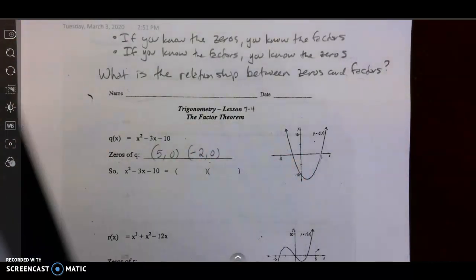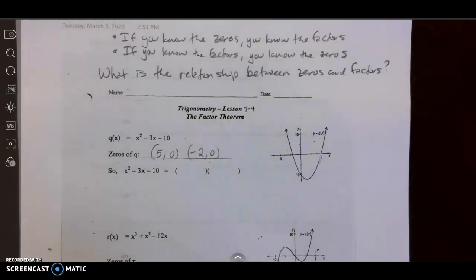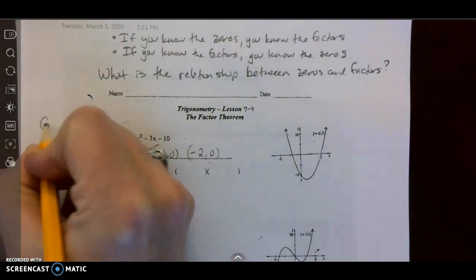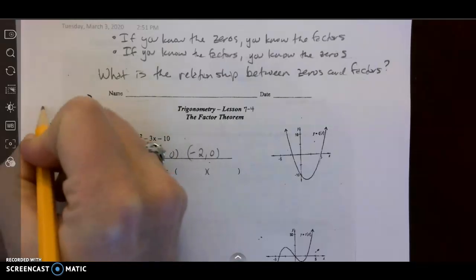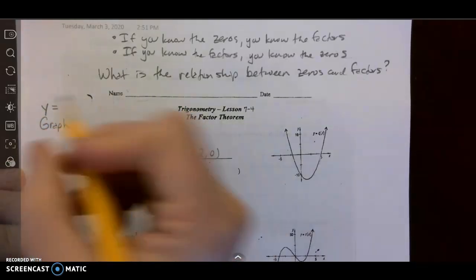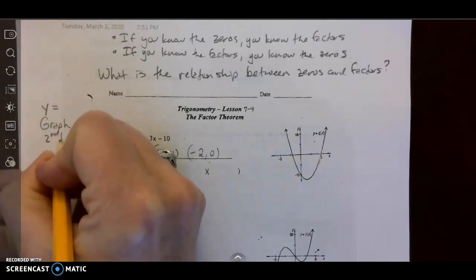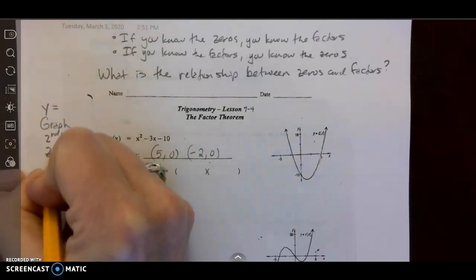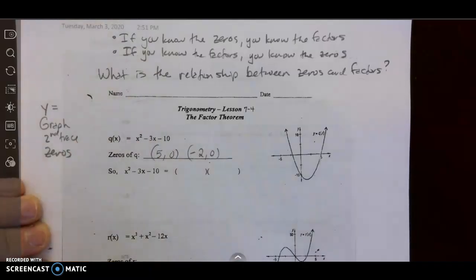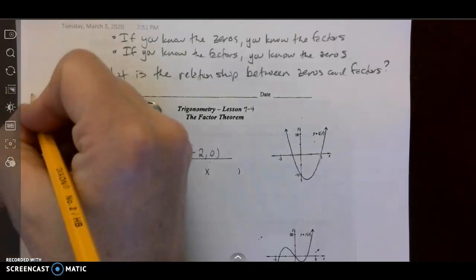Now, if you need to write that process down, first you'd put it in the y equals, you would graph, find the second trace, and you do the zeros. Those are the steps you would do to find the zeros by graphing.